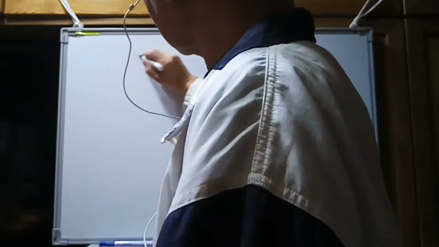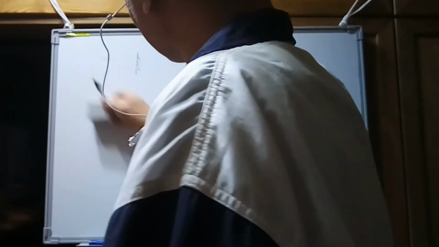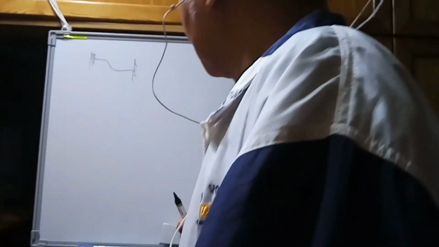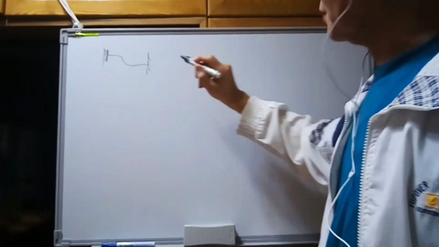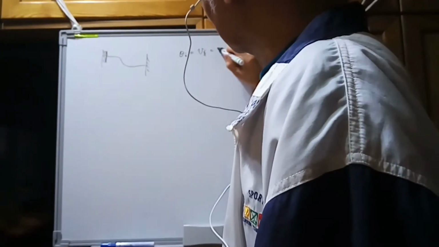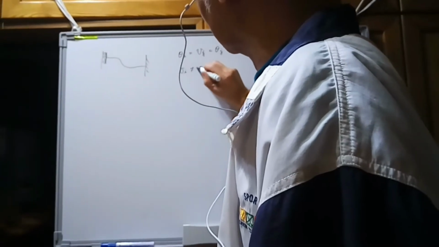For example, if we have a case of this one, for this case, theta i, Vj, and theta j are equal to 0, and the Vi is not equal to 0.